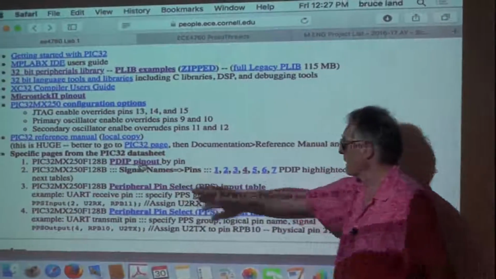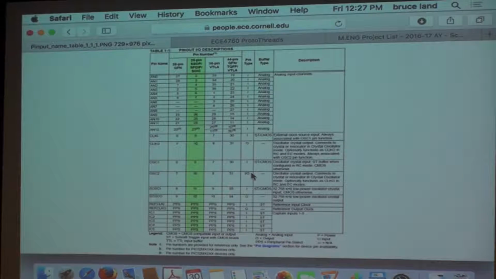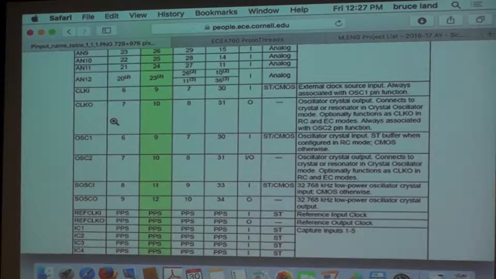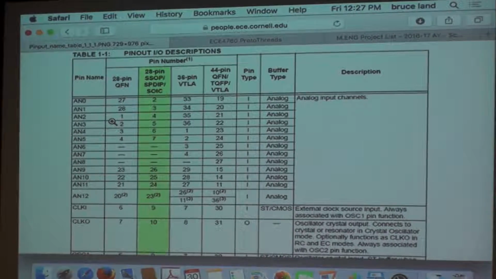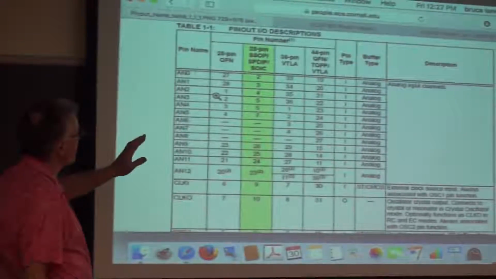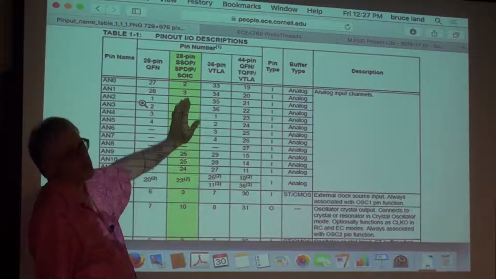Use the full pinout. And also, every signal that this machine can produce, I put in a chart, again abstracted from the data sheet, with our pinout highlighted in a tasteful minty green.